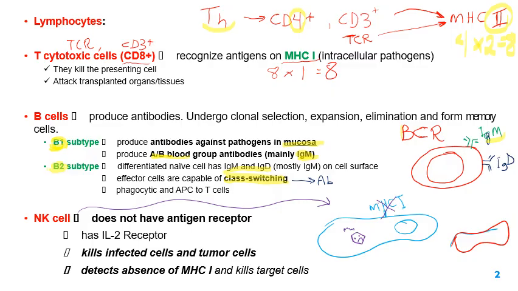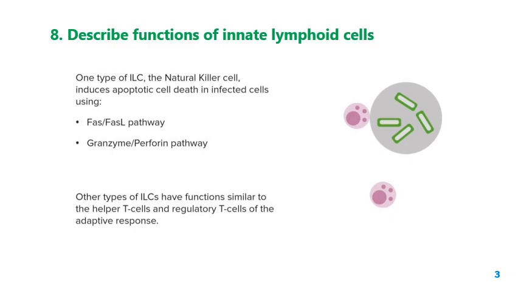Your natural killer cells are going to look for the presence of MHC1. So no MHC1 is going to kill the cell, and usually it will kill the cell by telling the cell to die. It will go by apoptosis, and this is the next slide here.